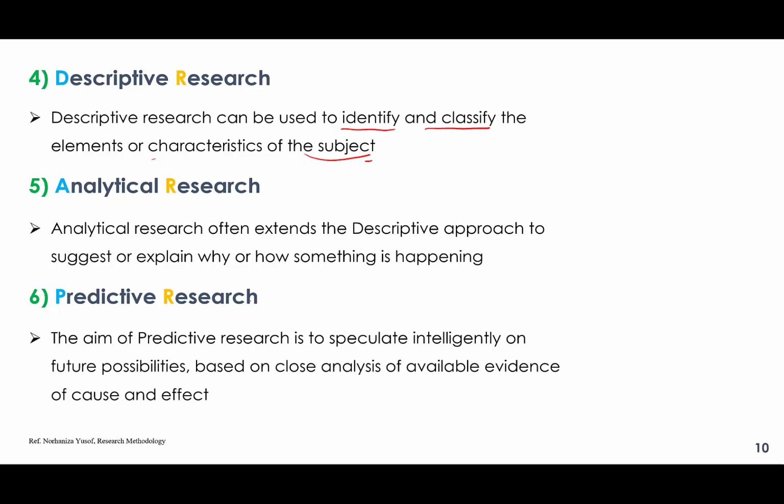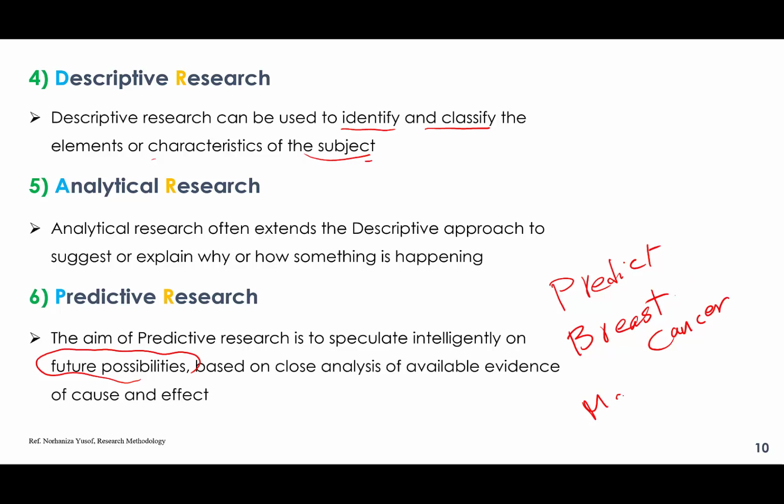And predictive research, the aim of predictive research is to speculate intelligently on future possibilities based on close analysis of available evidence of cause and effect. For example, you want to predict breast cancer based on mammography images. Okay, this is a predictive research, and these are very interesting.